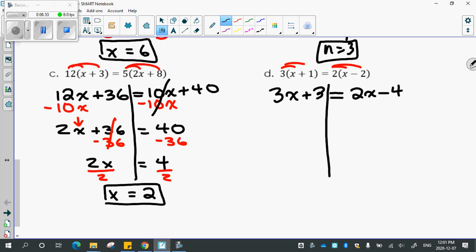Now our x's are on opposite sides of the wall. Okay, so I have to add or subtract to get them together. So I can subtract 2x on this side, but I also have to do it on this side.